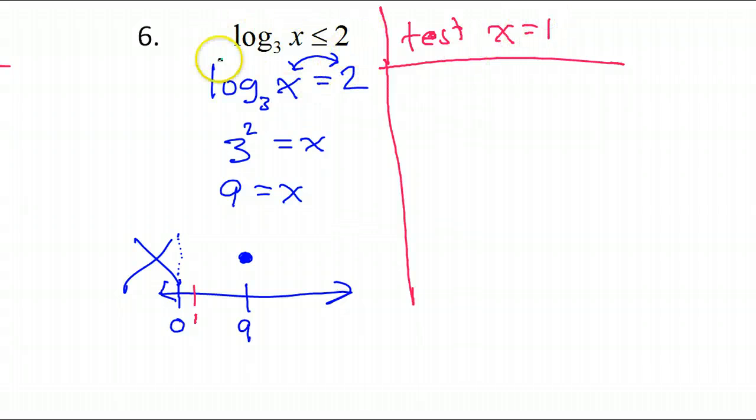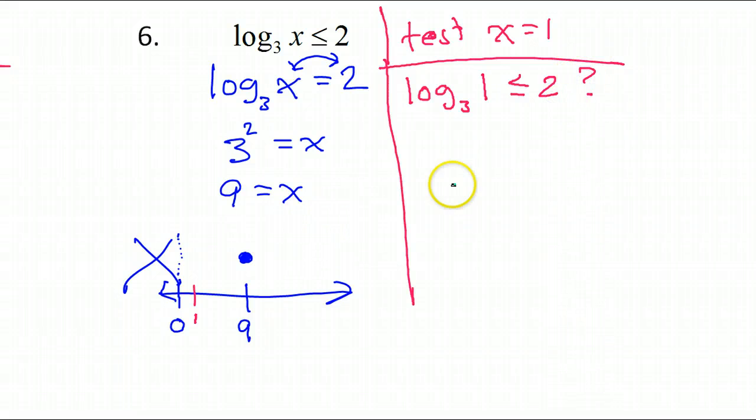Make sure you use the original function, not the exponent form or something like that. Alright, so I'm talking about log base 3 of 1 is less than or equal to 2, question mark. Alright, now I'm hoping you could just look at this and know that the value is 0. Okay, because the way you do a log is you say, 3 to the what power is 1.